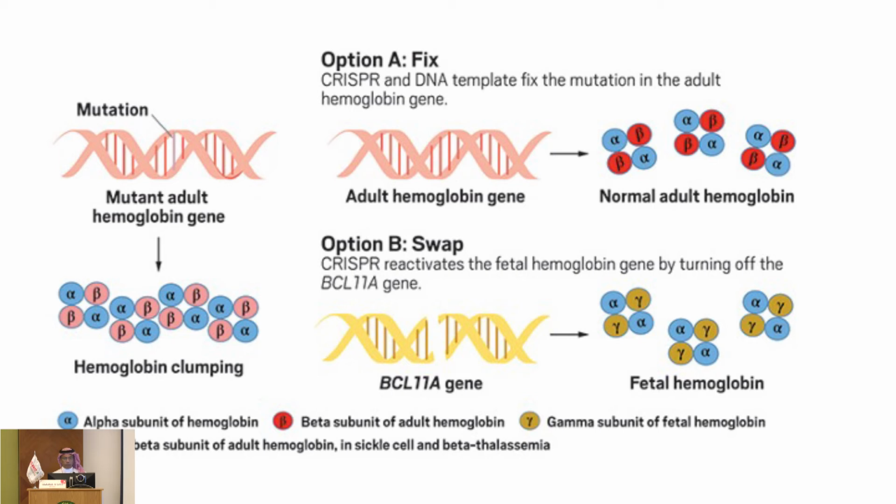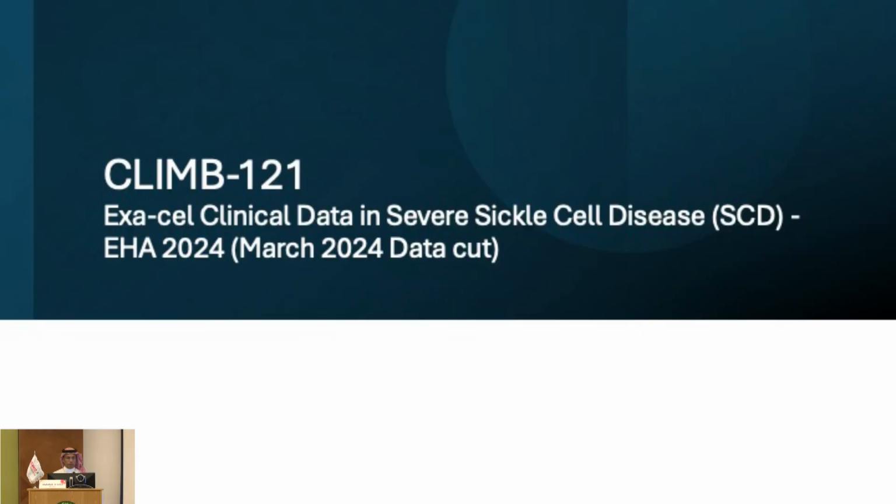With that, you repress the BCL11A and enhance the production of gamma globin. And this is the idea that is used nowadays in gene editing to treat thalassemia and sickle cell.